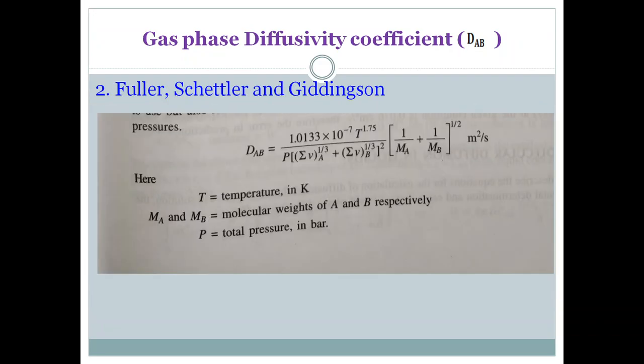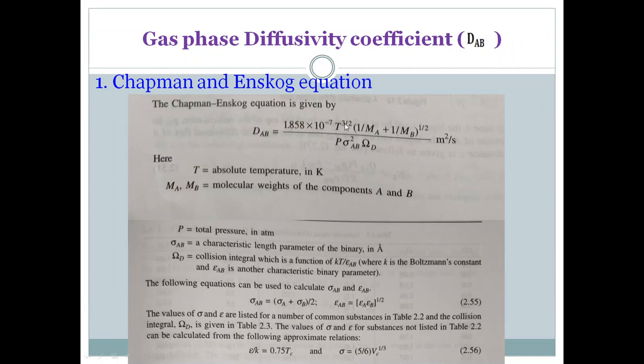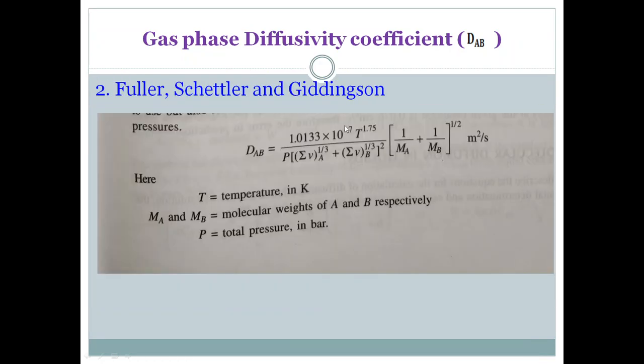Thereafter another equation, that is Fuller, Schettler and Giddings. The three scientists developed another DAB. The constant is a little bit different. Here, if you see, it is T to the power 1.75. In that case it was 3 by 2, 1.5, but here it is different.